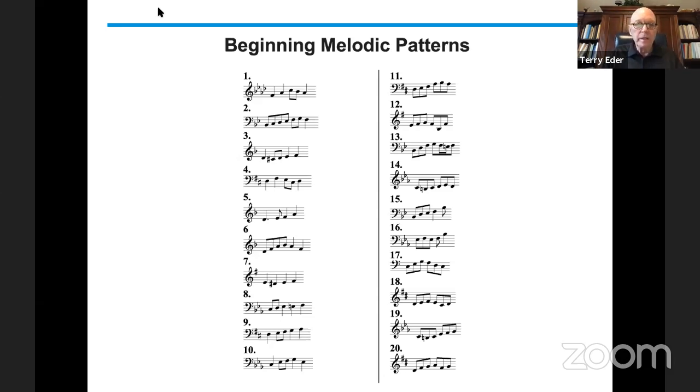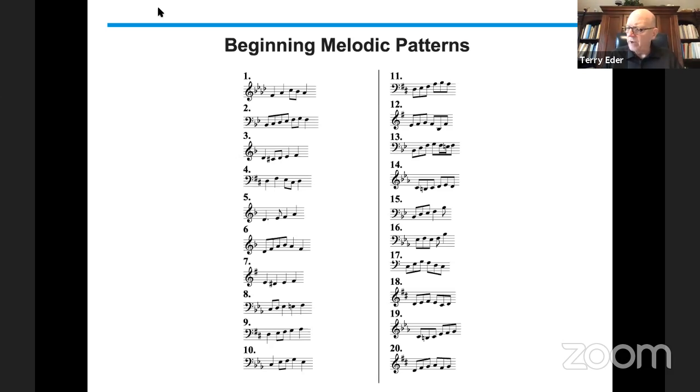Here it is, D. So we're going do, mi, re, ti, do, okay? And D minor again, number 5. Do, re, me, so, la, ti, do, mi. 1, 2, 3, 5.